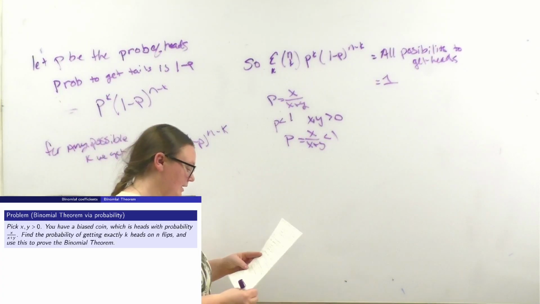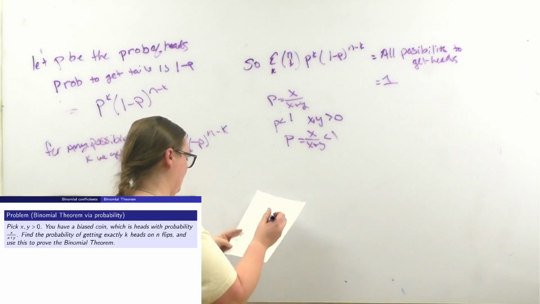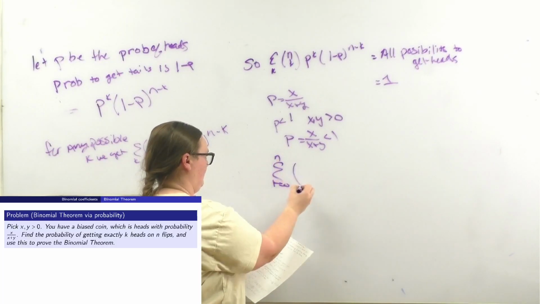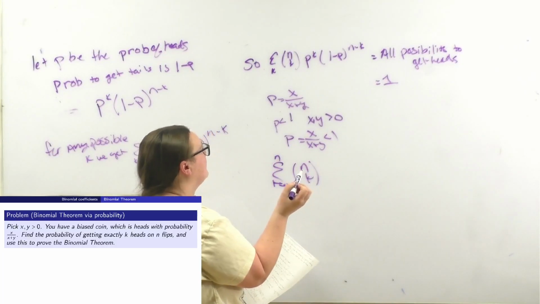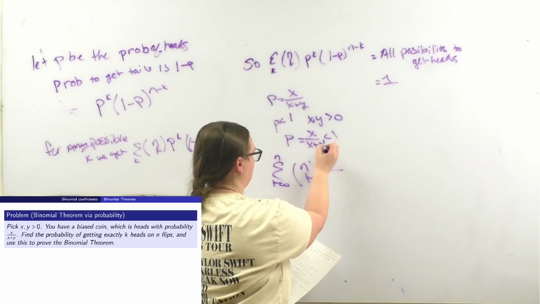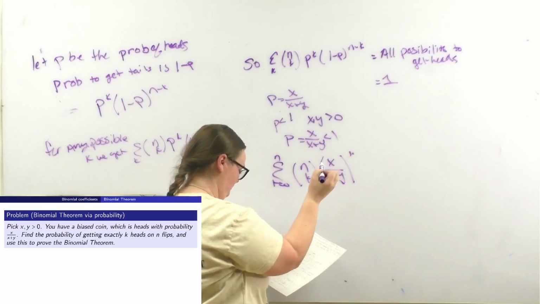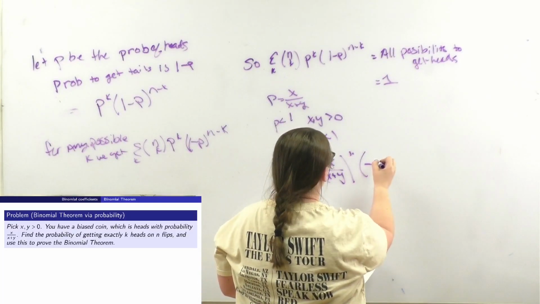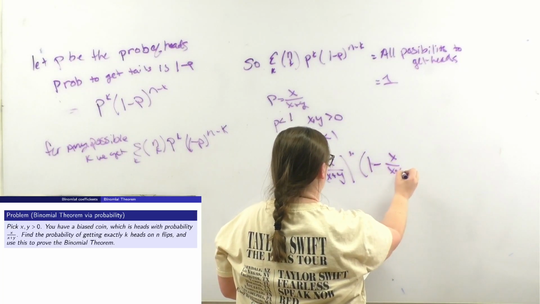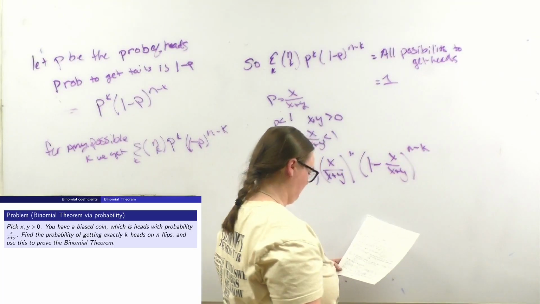So now we're going to plug this into our formula up here. So we're going to end up with the sum from k equals 0 to n of n choose k, x over x plus y to the power k, and then 1 minus x over x plus y to the n minus k.